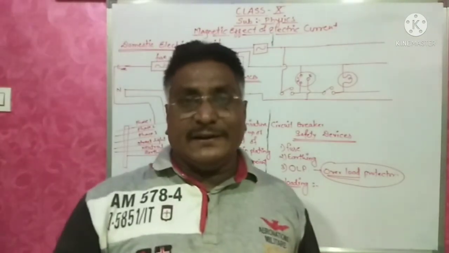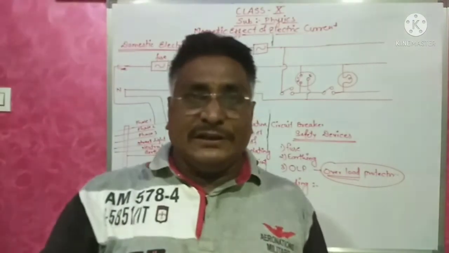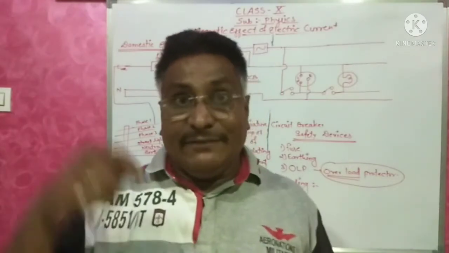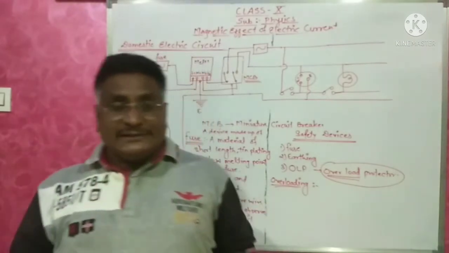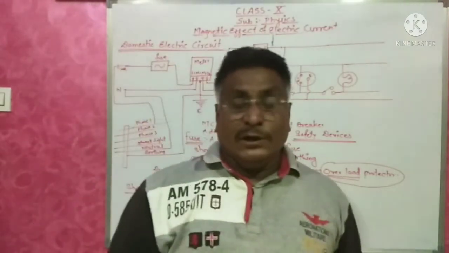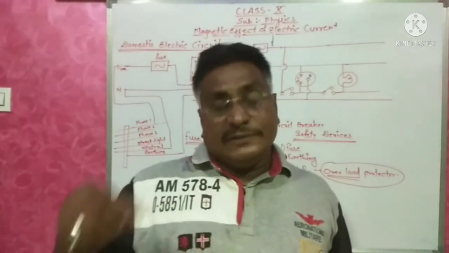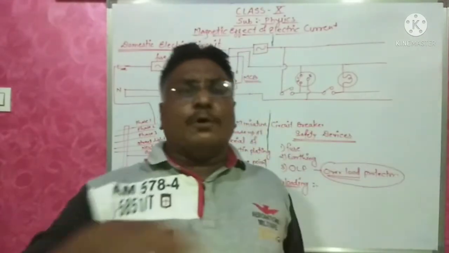One socket is there, we connect an extra socket, and charging, fan, all the things we connect in one pin. Every appliance has different ratings, so according to the rating, they draw current. They want the current, so they are absorbing a large amount of current.